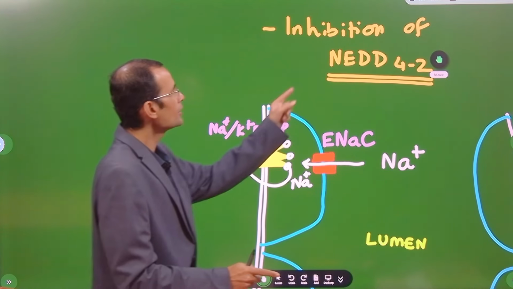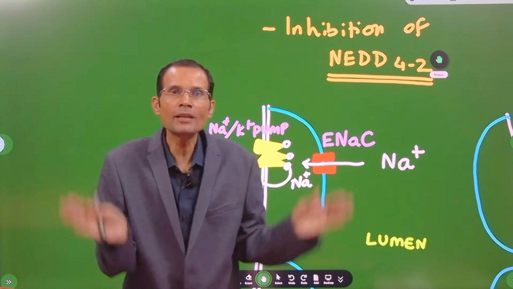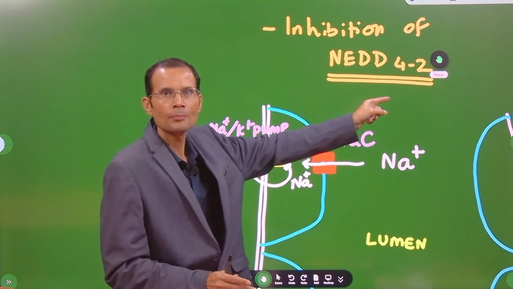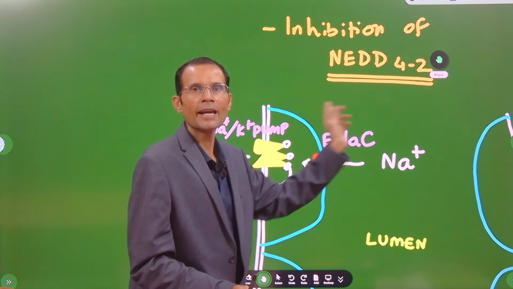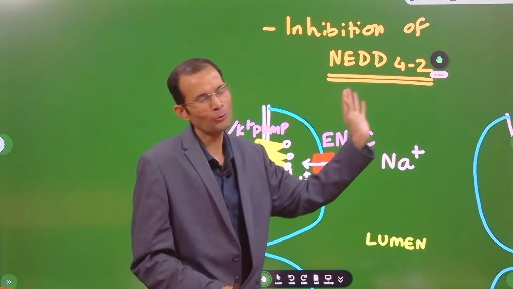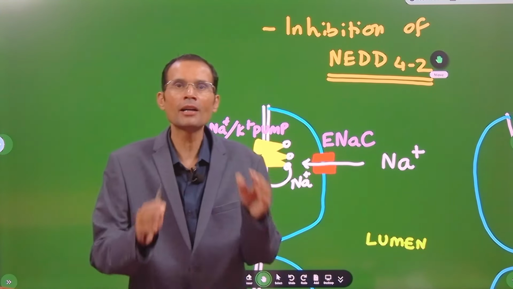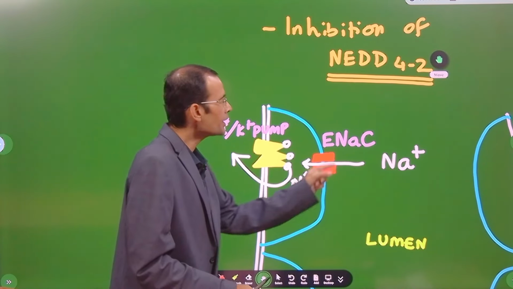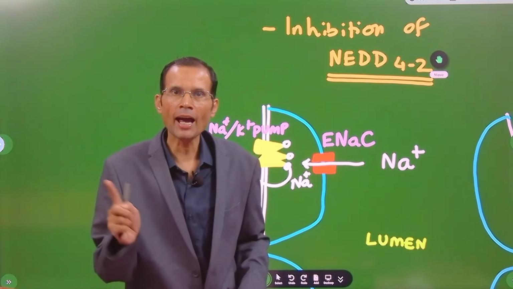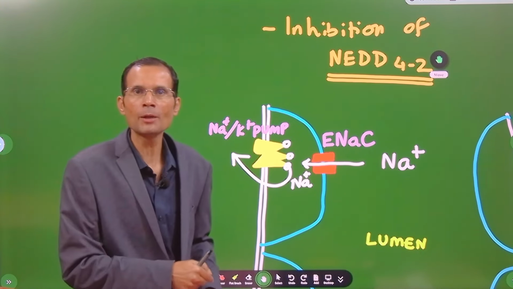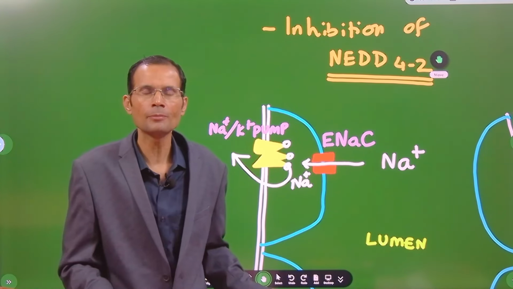Aldosterone acts on this NEDD4-2, and it inhibits this ubiquitin. Aldosterone inhibits the ubiquitin NEDD4-2, which means what? If the ubiquitin was inhibited, now the ENaC will not be tagged, and if it is not tagged, it will not be removed from the membrane, which means it is not degraded.